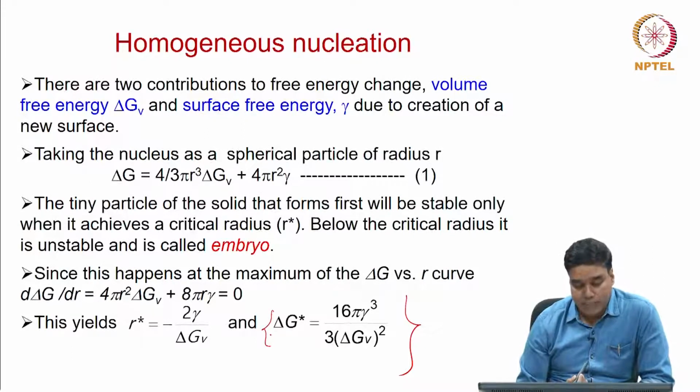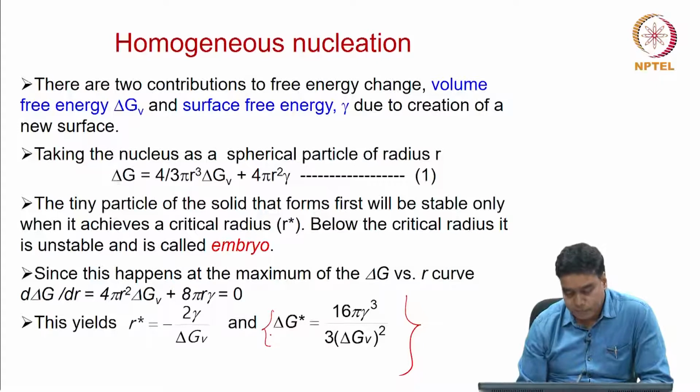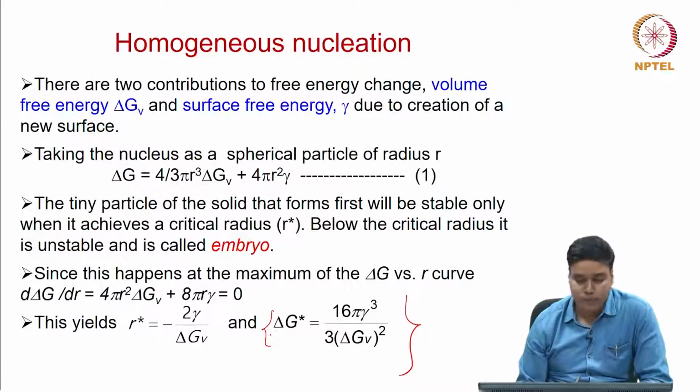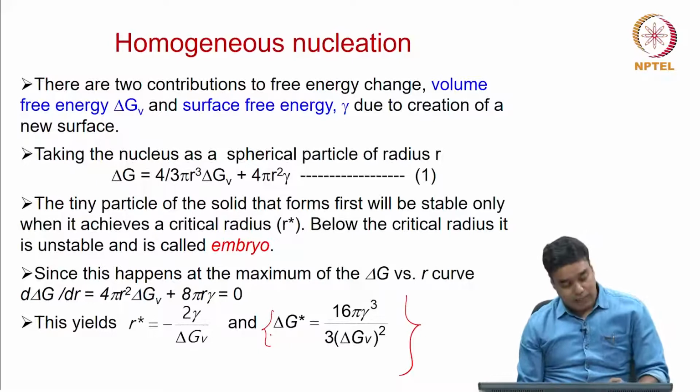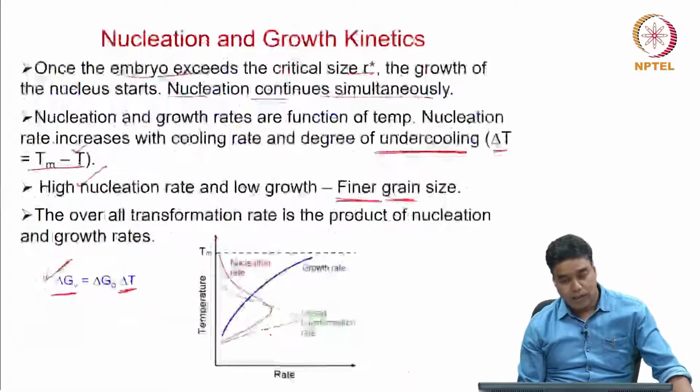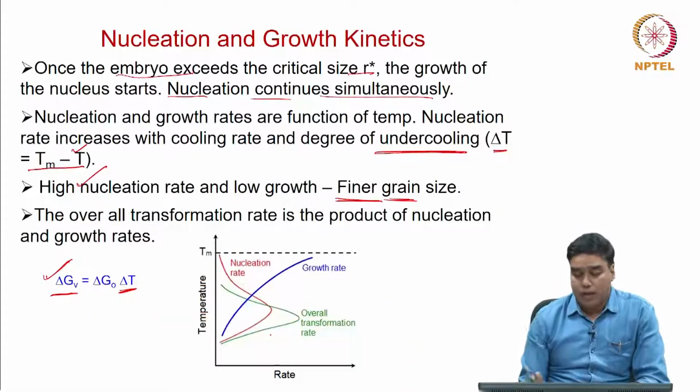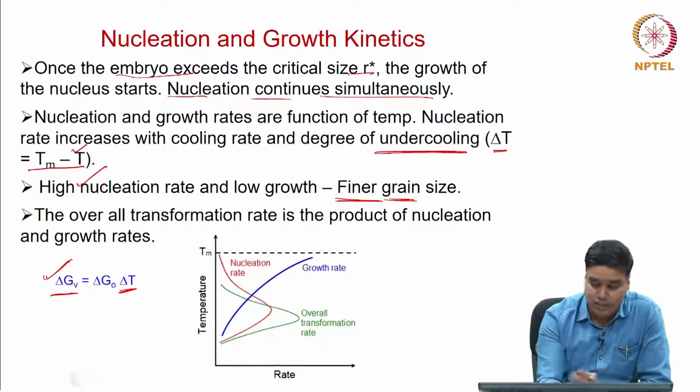So, as delta GV increases, it becomes easier for more of these solid particles or more of this nucleus of the solid phase to form. And as a result, you can expect the nucleation rate to increase as the undercooling increases.